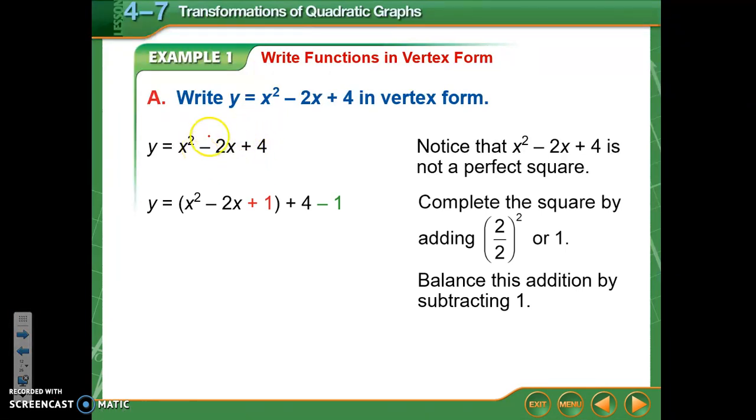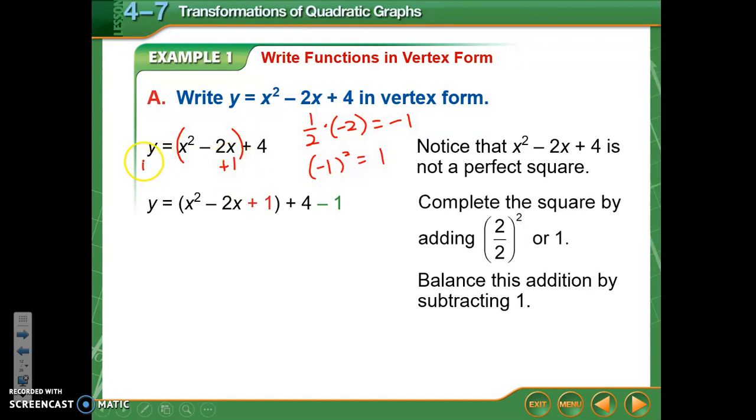So when we complete the square, we're only completing the square on the first two terms. So we're going to take half of b, so 1/2 times negative 2, that's negative 1, and then remember we square that, so that's positive 1, and we're going to add that 1 to x squared minus 2x. But I can't just add it to one side, right?